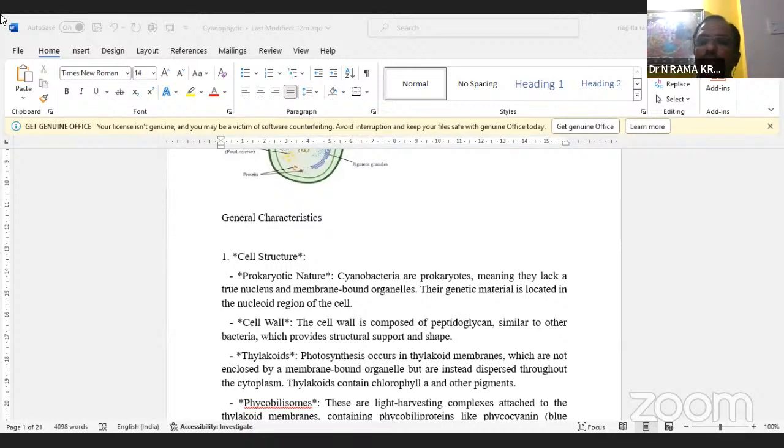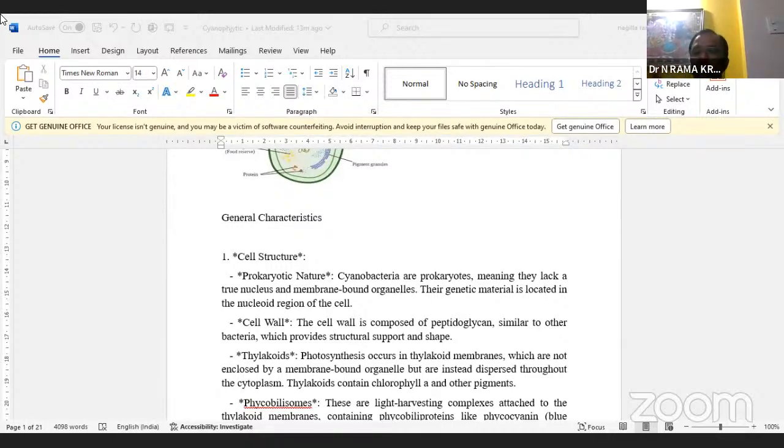Already we know very well what prokaryotic is. Cyanobacteria are prokaryotic, meaning they lack a nucleus and membrane-bound organelles. Their genetic material is located in the nucleoid region of the cell. That's why the Myxophyceae cell is a prokaryotic cell. That is the first point.